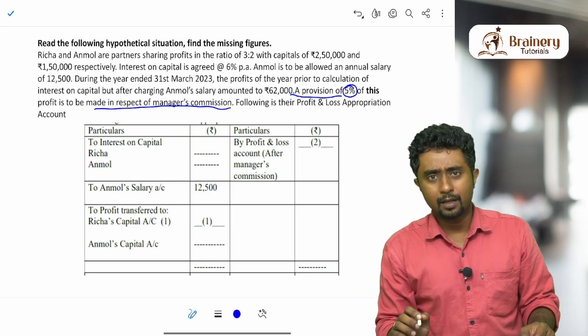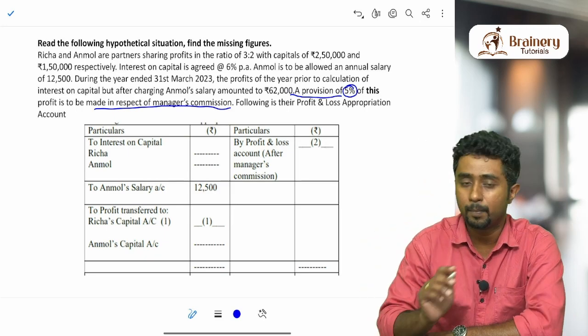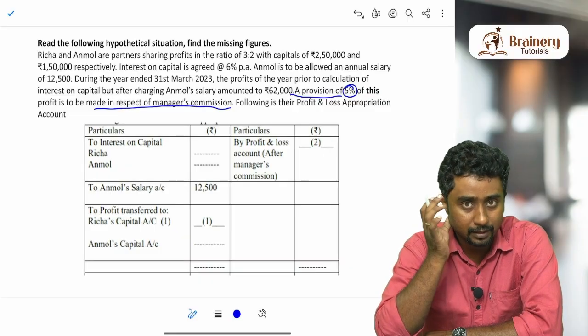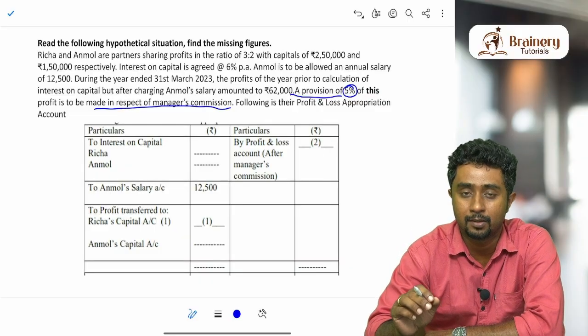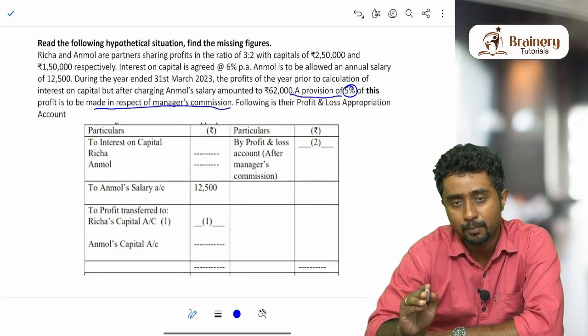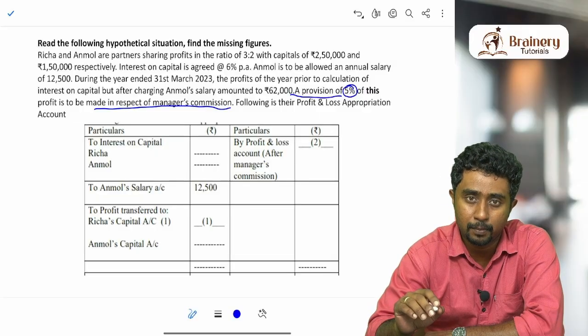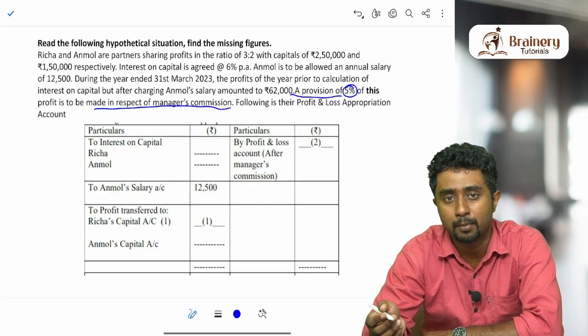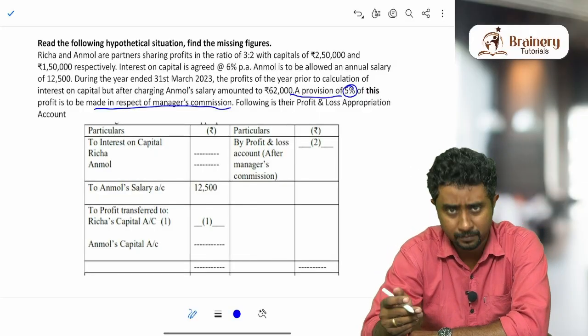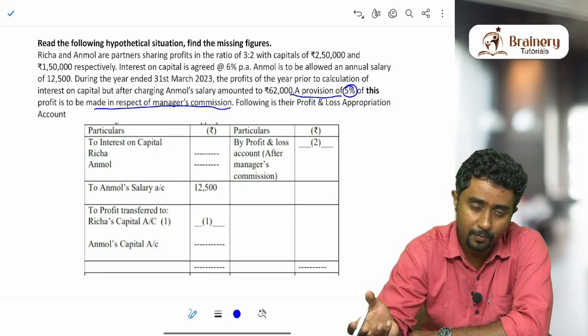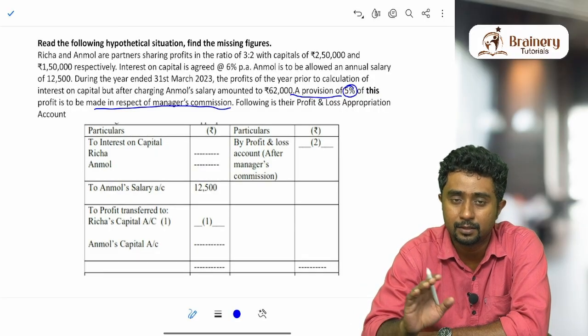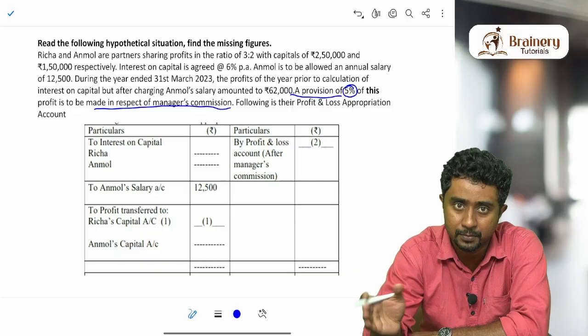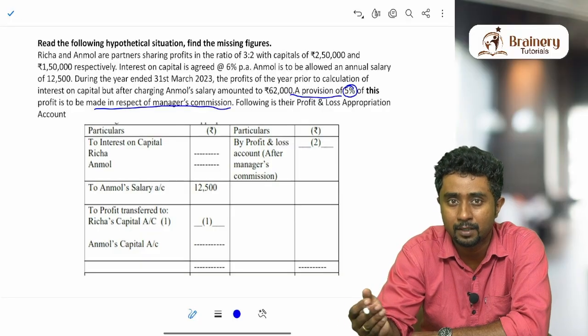Now coming to the main topic, obviously this is all about the profit and loss appropriation account. Will this manager's commission be calculated before or after the profit and loss appropriation account is prepared? What do you think? Obviously the profit and loss account comes first, then the profit and loss appropriation account, then the capital account, and finally the balance sheet.